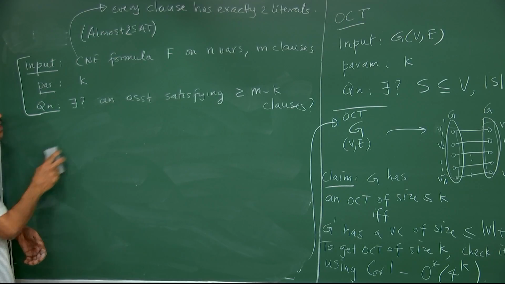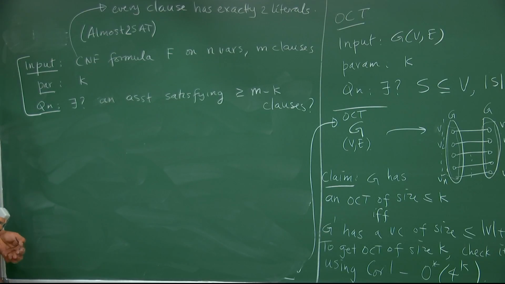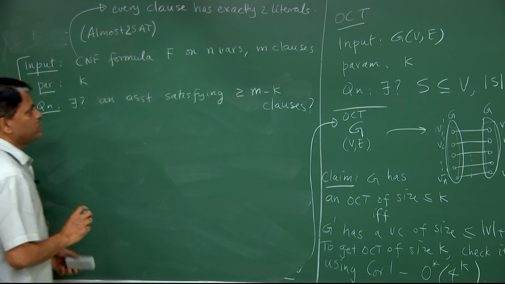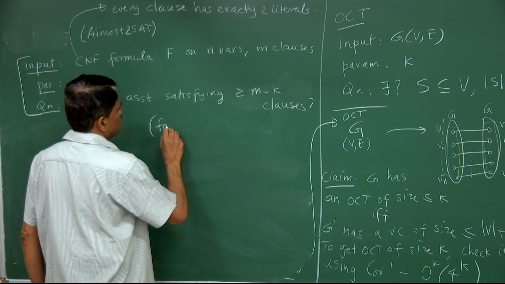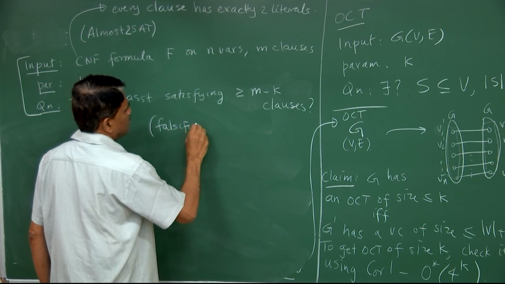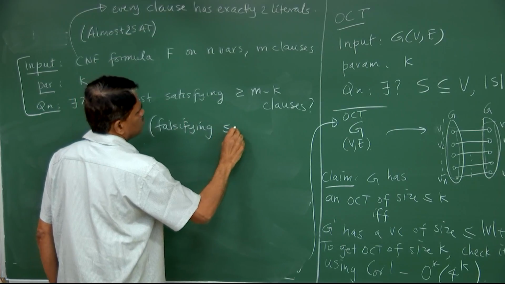But here, can we at least get an m choose k kind of an algorithm? Another way to phrase this is falsifying at most k clauses.